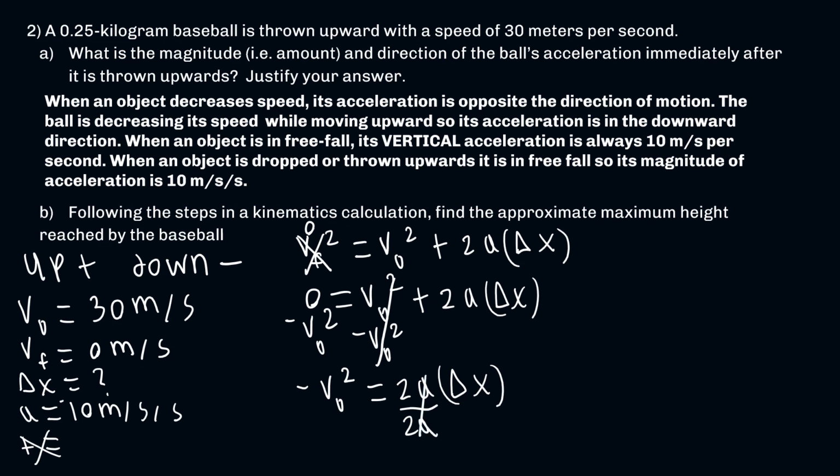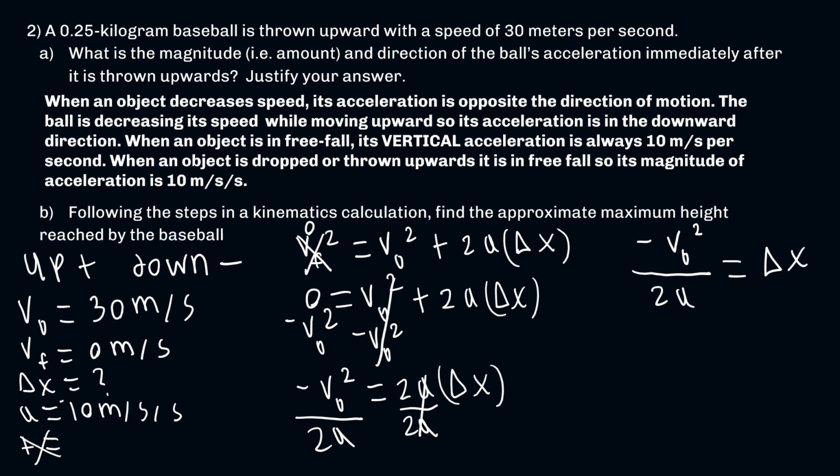And now we have isolated my displacement, on the right side of the equation, my bad. So I should have here negative, and that's going to be on the outside of the parentheses essentially, for v naught squared over 2a is going to be equal to my displacement.